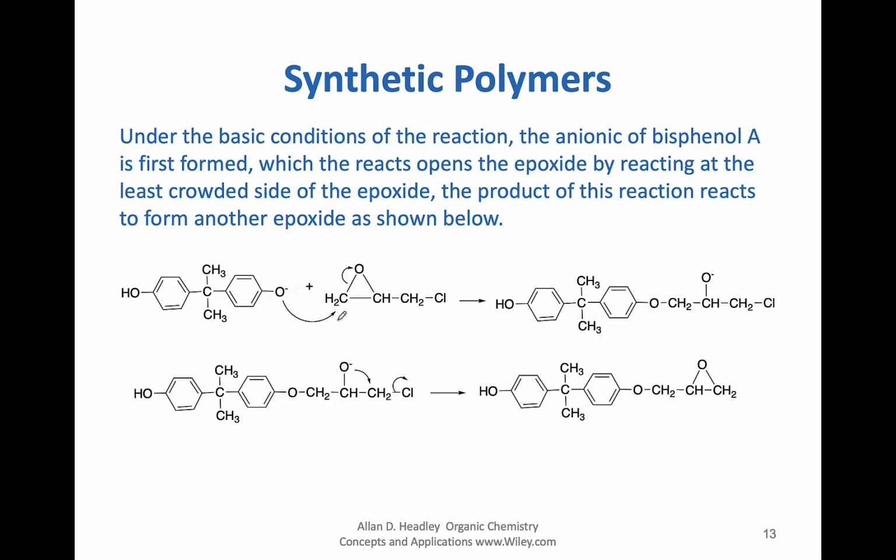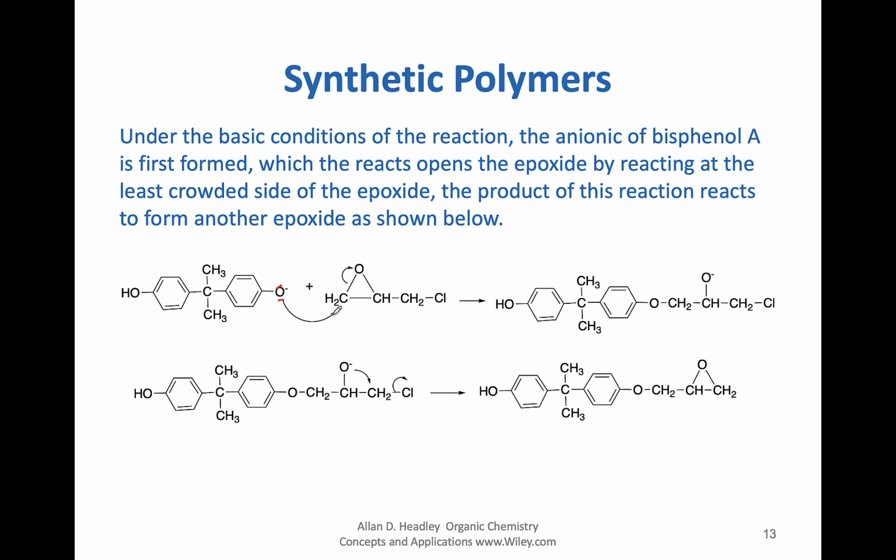So as I mentioned, in the presence of a base, it will abstract the hydrogen or the proton to form this. The nucleophile, so here's a nucleophile now with 2 electrons here. This nucleophile attacks this epoxide or this oxirane. Don't forget the chemistry we have done.